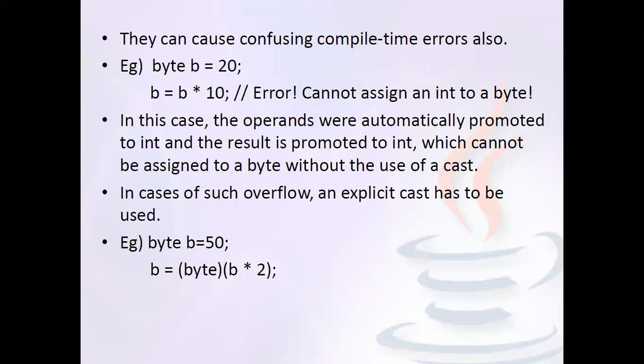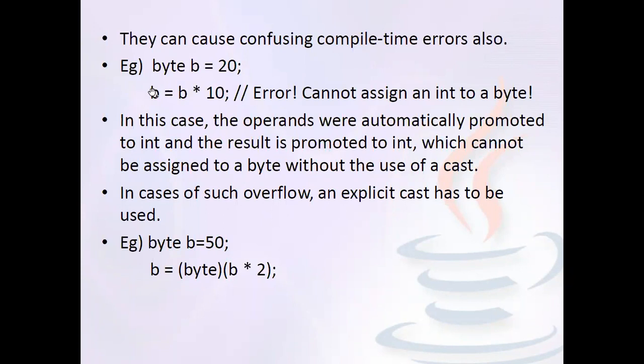These things can cause confusing compile time errors also. For example, if you have byte B is equal to 20 and B is equal to B into 10. Now, B is 20, 20 times 10 is 200. 200 is still within the range of byte, but automatically this byte value is converted into an integer.